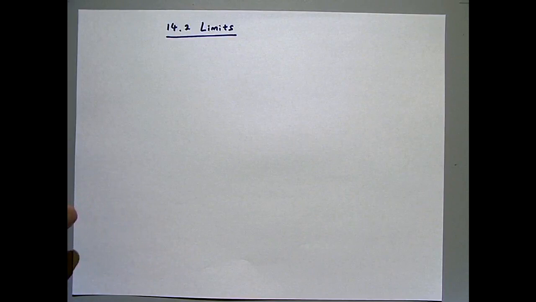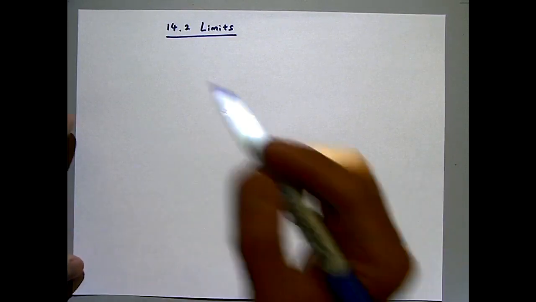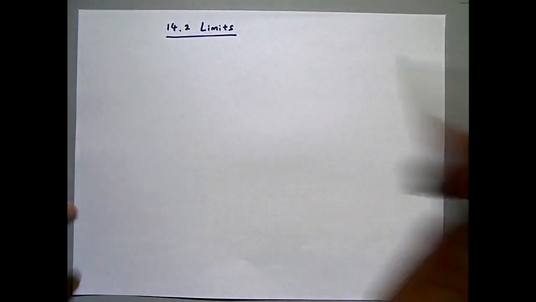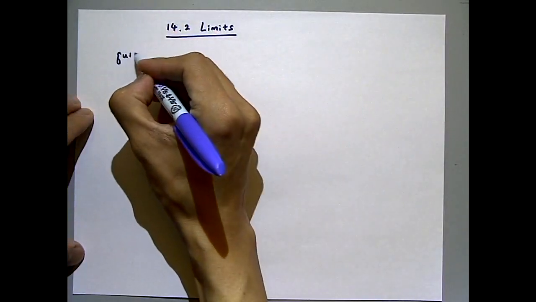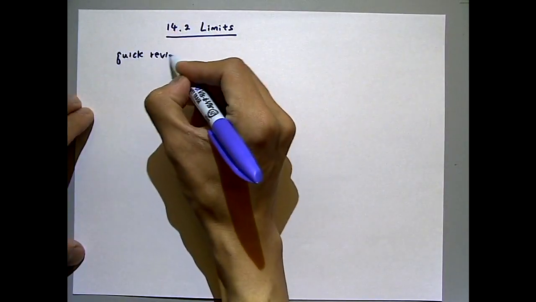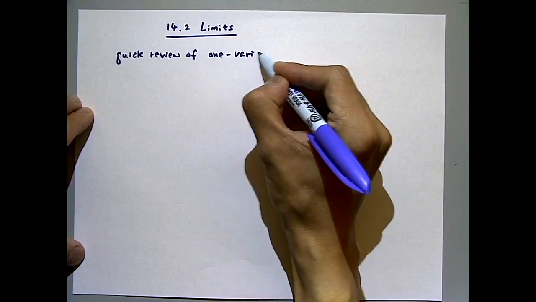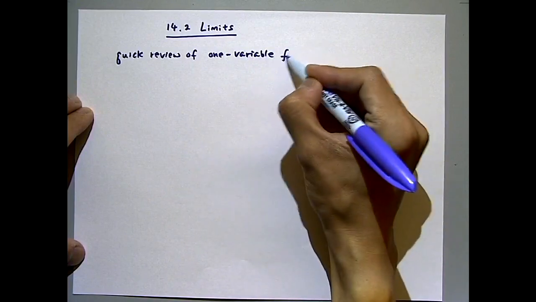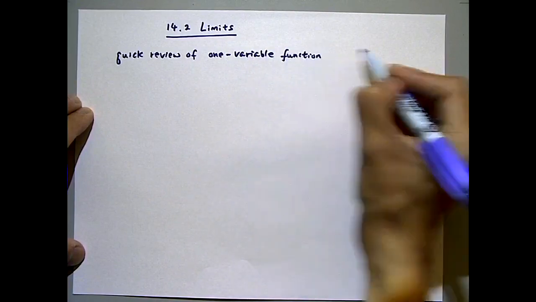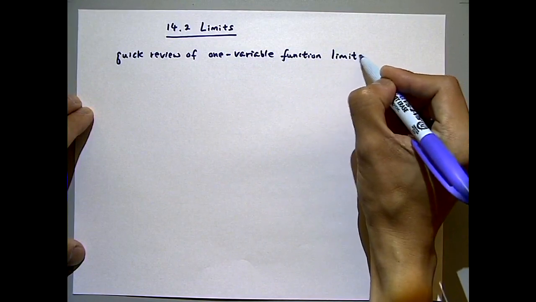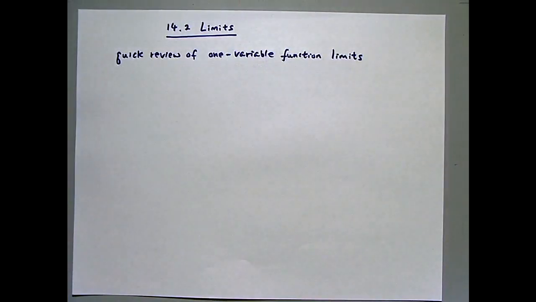So first of all, let's do a quick review of what you already know about one-variable functions. Much of what we're going to be doing in the next few minutes carries directly over. And then you'll see where having an extra variable makes things more complicated.